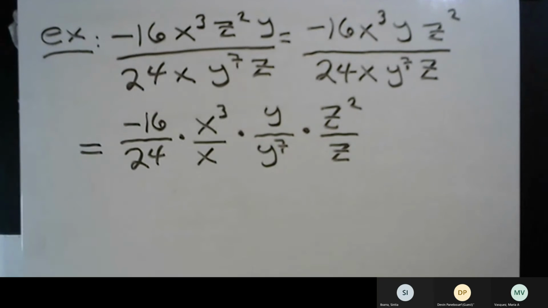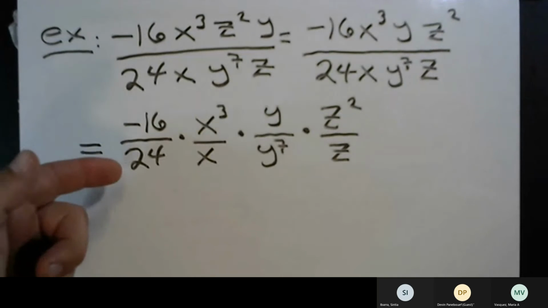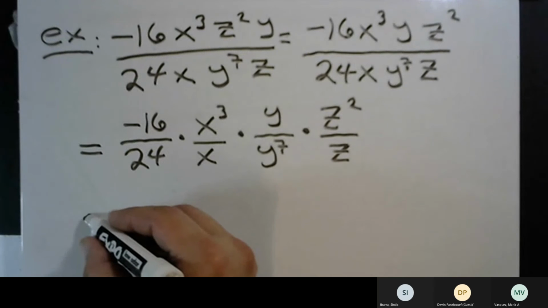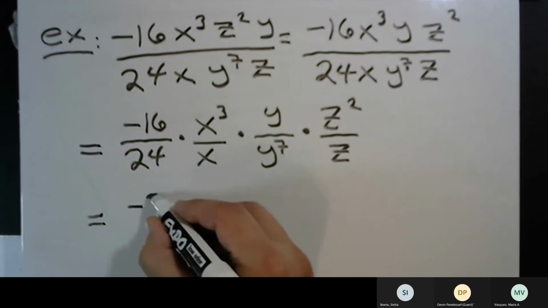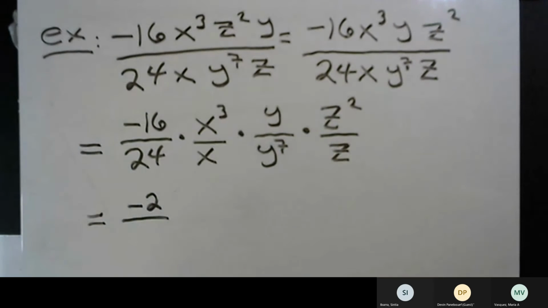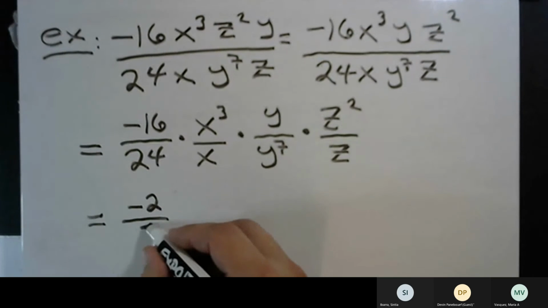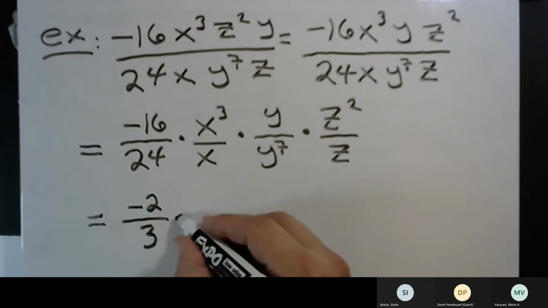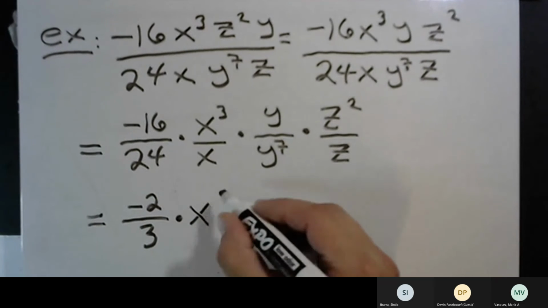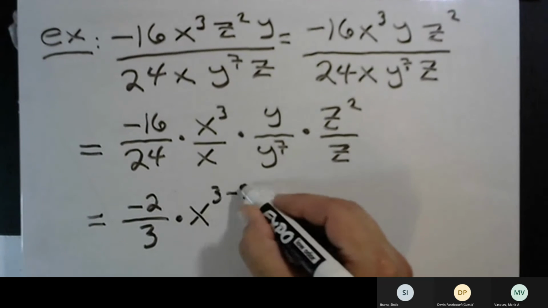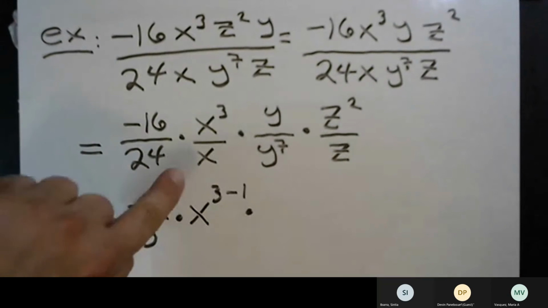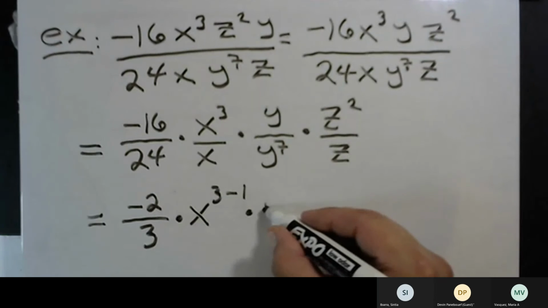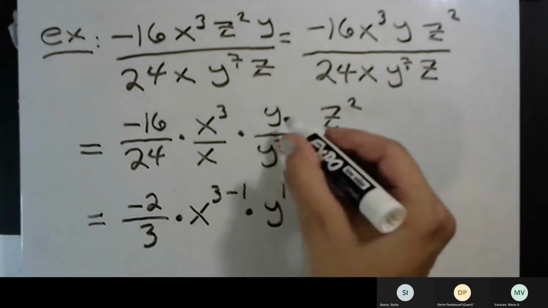So negative 16 over 24. Both of these numbers are divisible by 8. So 8 goes into negative 16 negative 2 times, and 8 goes into 24 3 times. That's not going to reduce any further. Now this will be x to the 3 minus 1. Again, a standalone variable always has an exponent of 1. And here we go again, now we have a 1.